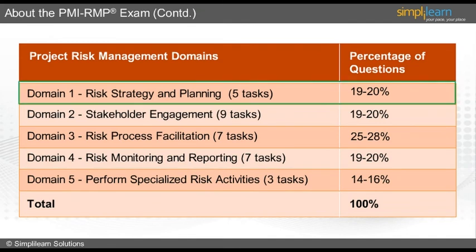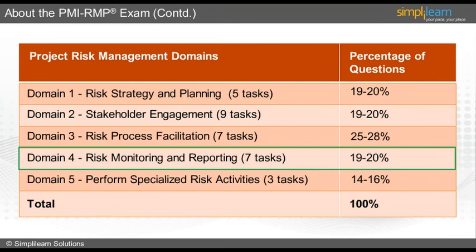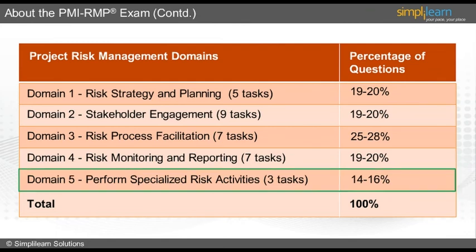About 19 to 20% of the total questions will be from risk strategy and planning, about 19 to 20% from stakeholder engagement, 25 to 28% from risk process facilitation, 19 to 20% from risk monitoring and reporting, and 14 to 16% from perform specialized risk activities.